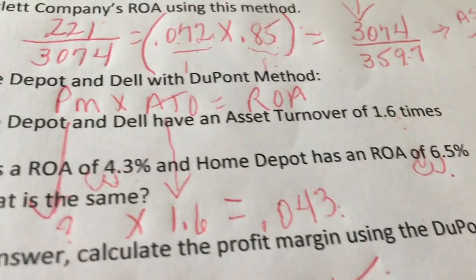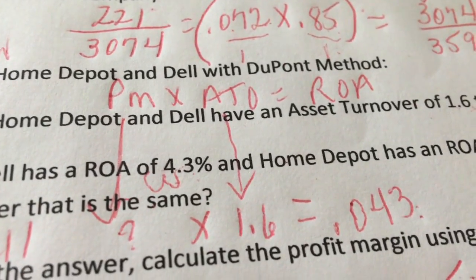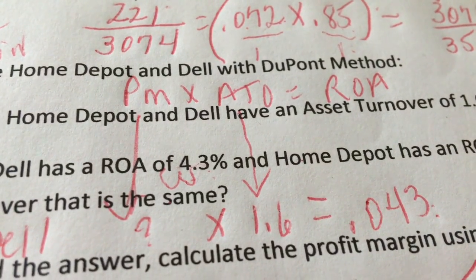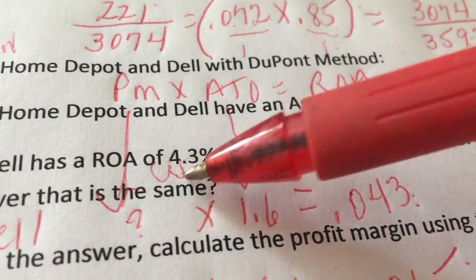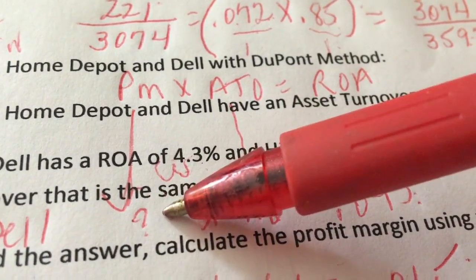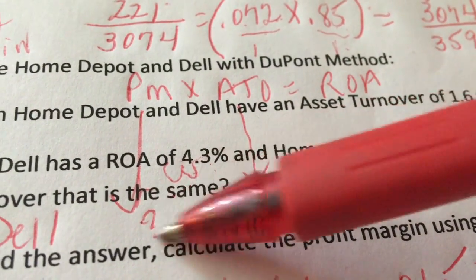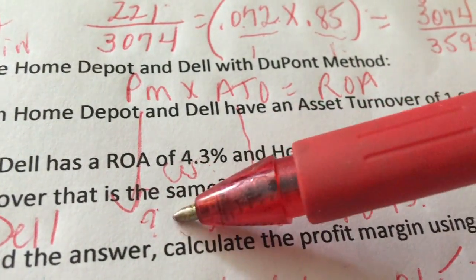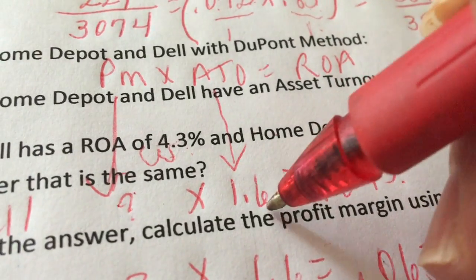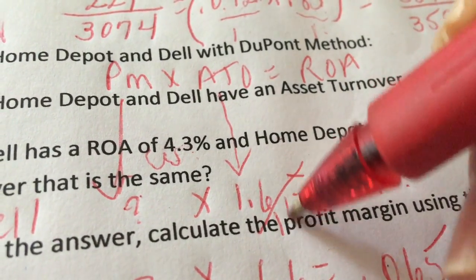So let's look at this first formula. Here's Dell. Now, remember your math. If you're looking for the variable, the unknown, what you want to do is clear this side so that it stands alone. That means you want to divide both sides by 1.6.